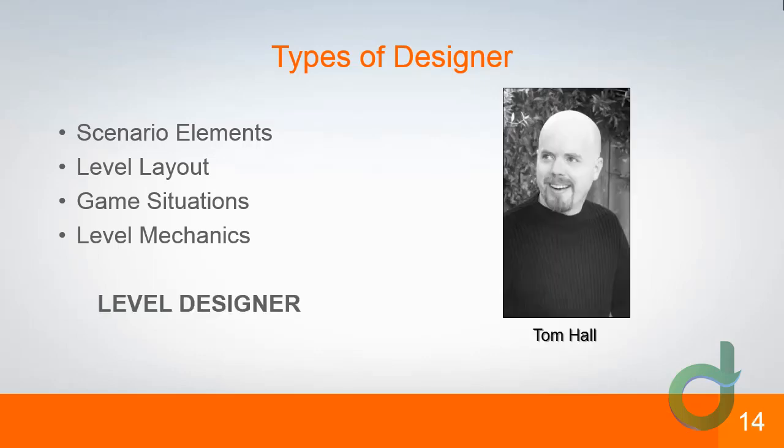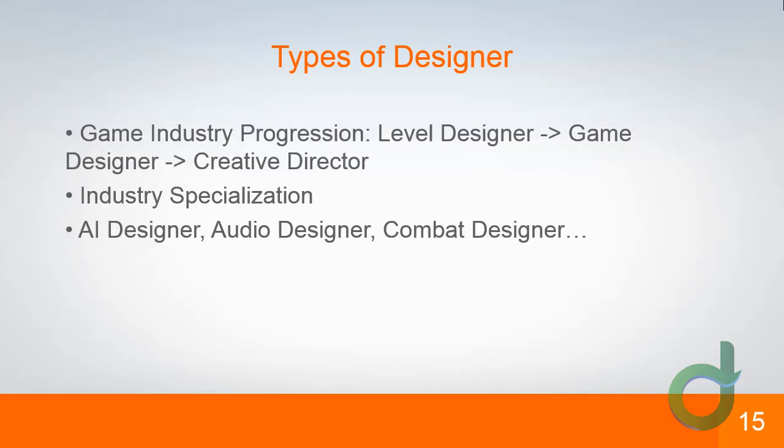Tom Hall is very famous for creating the level design for Wolfenstein 3D and Doom while he was working at id Software. The progression inside the game industry generally, it doesn't mean that it has to be this way always, is that people start as level designers, and then if they're interested in a slightly more creative role, they move into game designer and start designing mechanics and rules of play.